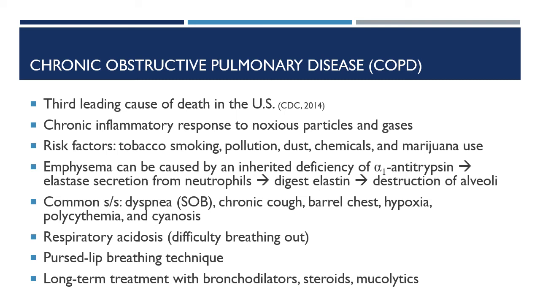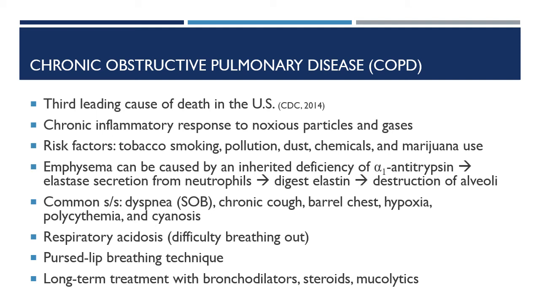So what does the kidney do when it detects low levels of oxygen? It produces erythropoietin, which stimulates more hemoglobin production to try and compensate for the low oxygen levels in the blood. And they become polycythemic, so elevated hemoglobin levels.